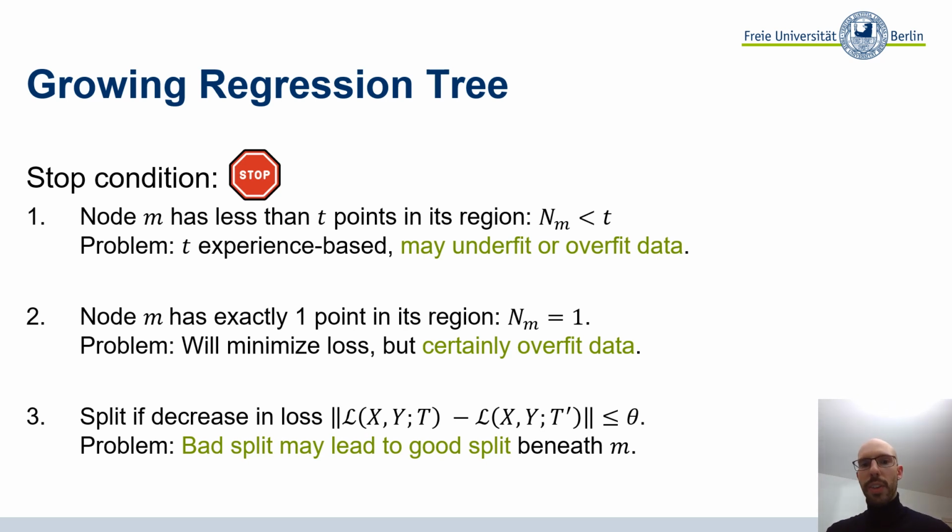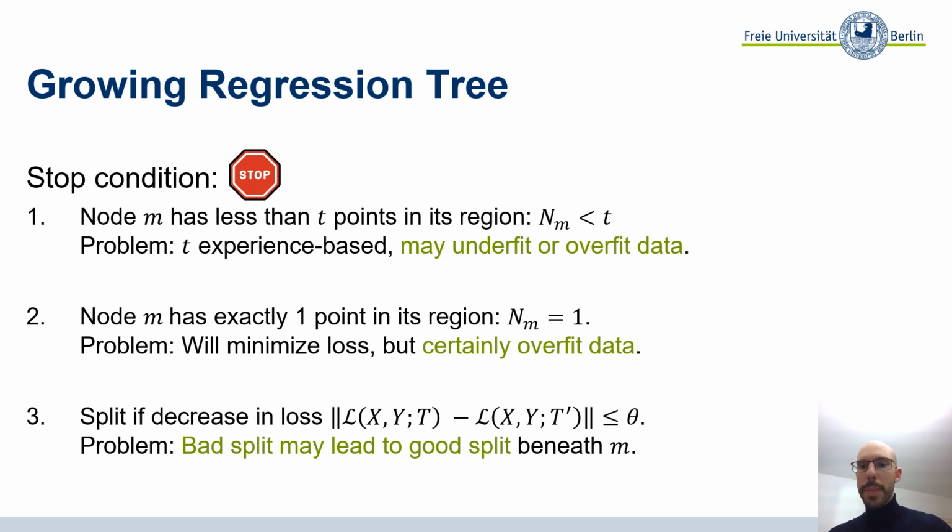So what we could say is we set a threshold t, and as soon as the number of points from the training data that are assigned to that region is smaller than this threshold t, we stop splitting at that leaf node, and then we check that condition for each leaf node of the tree.